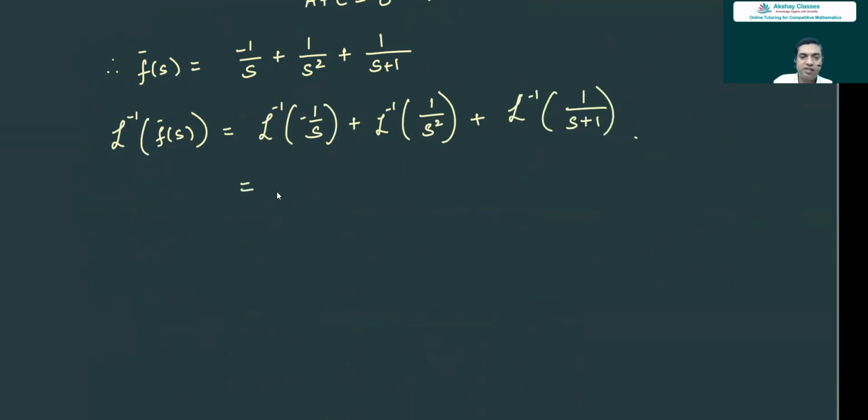Minus comes out. The Laplace inverse of 1 by s is 1. Then this one is t power 2 minus 1 by 2 minus 1 factorial. The last one is s minus of minus 1, you have e power at, where a is minus 1. So you get this.